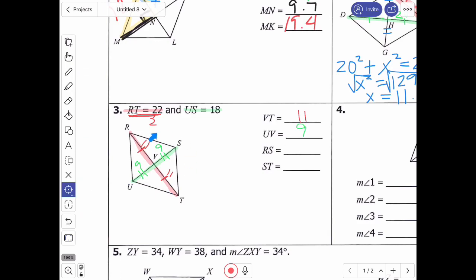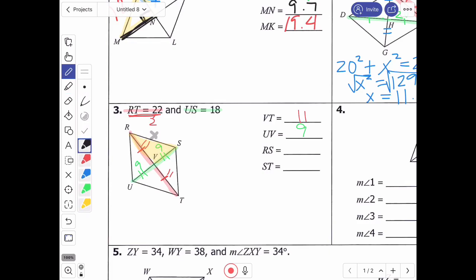And then RS is actually one of the outside sides, which we weren't told. So we're going to have to use the Pythagorean theorem again to find this RS. And if you don't see that right triangle, I'm going to highlight it yellow. Okay, so 11 and 9, those can be my A and my B. And then really what I'm finding is my hypotenuse.